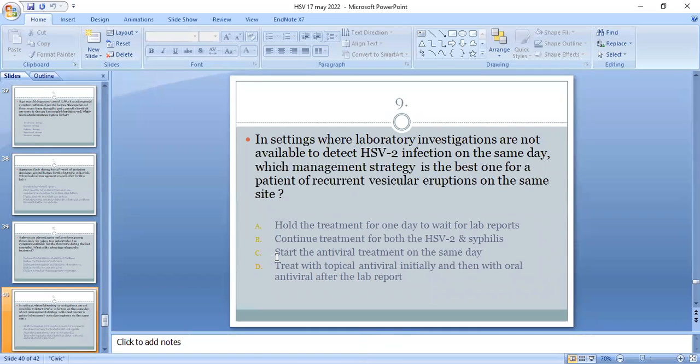WHO recommends if the lab results are not available on the same day, don't delay the treatment, as it can lead to more severe infection. So start the treatment on the symptomatology on the same day.